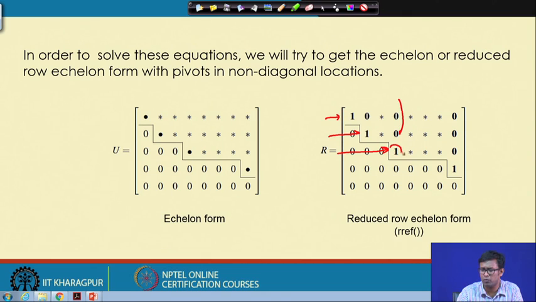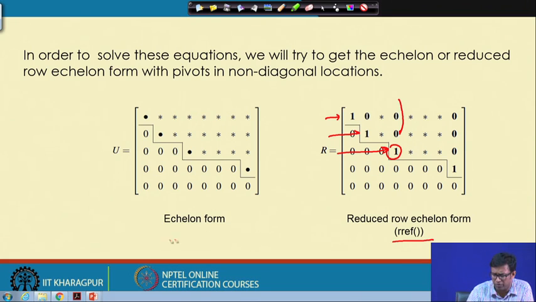So, we will find a 1 which has the above term 0 and the left term 0 at any row and column position, and then there will be a step-like arrangement, and this is called a reduced echelon form. We have seen that in MATLAB or in many computer programs there are functions which you call rref, which will take a matrix and give its reduced echelon form.